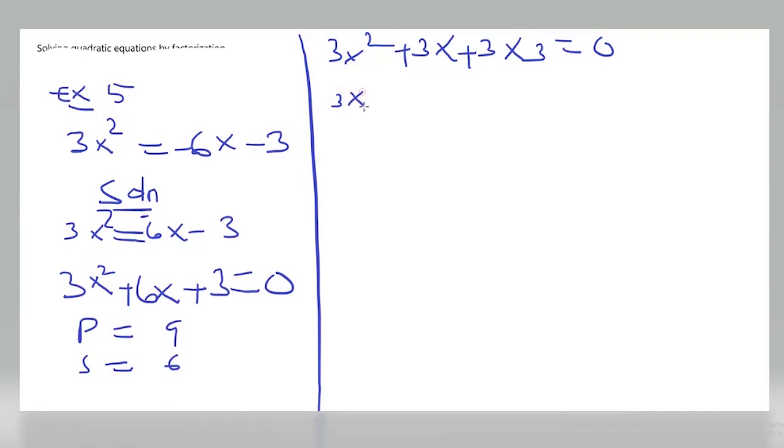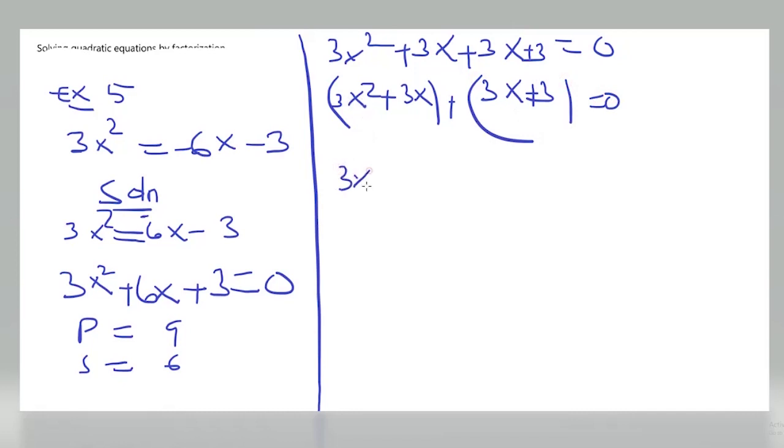Now 3x squared plus 3x in a bracket, then plus 3x plus 3, is equal to 0. Now take 3x outside the bracket, then inside the bracket remains x plus 1.